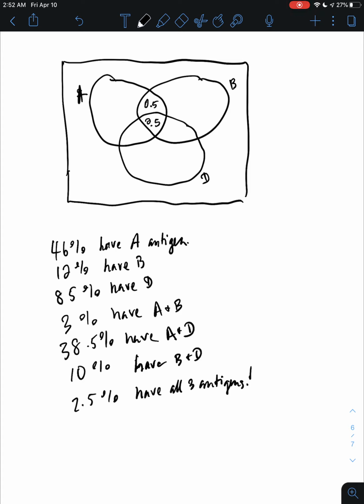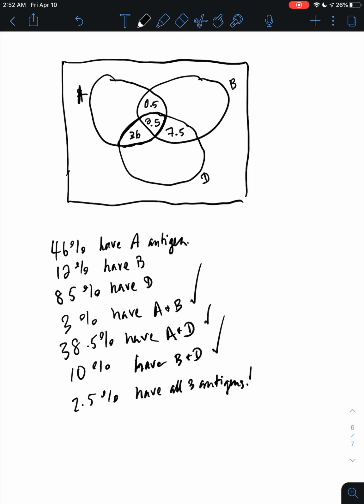The total of those two numbers is 3%, correct. 38.5% have A and D, but I've already counted 2.5 of them, so that is 36% in that other space. Total of 38.5 A and D, yes. 10% have B and D, so 7.5 is going to go here, plus 2.5 is 10%. Correct.